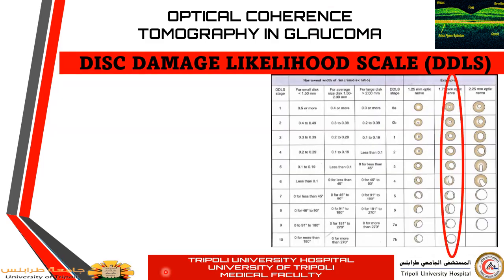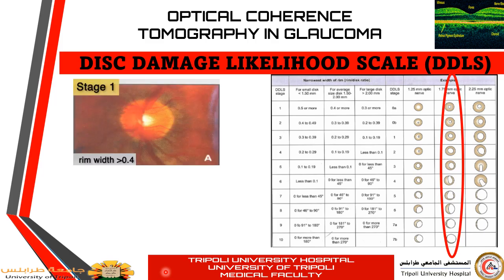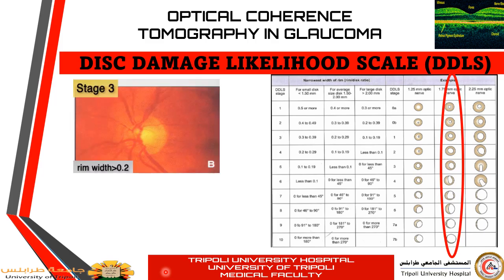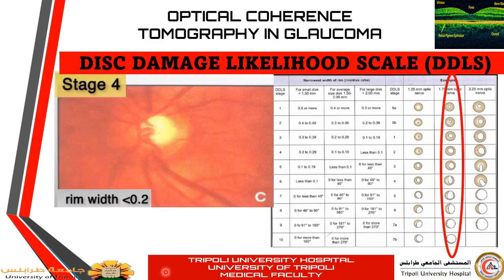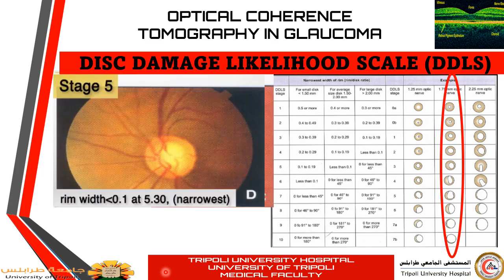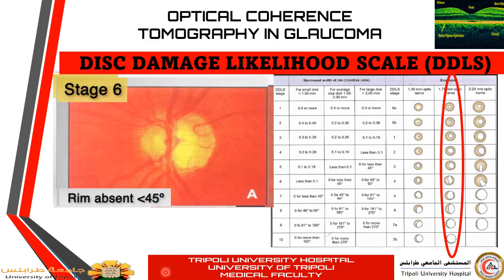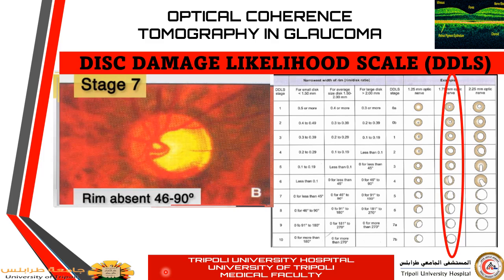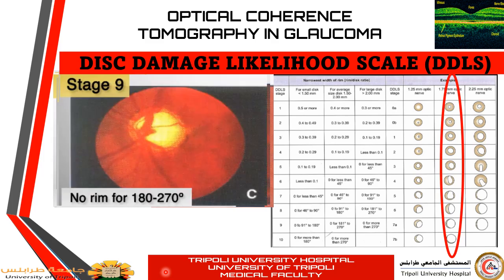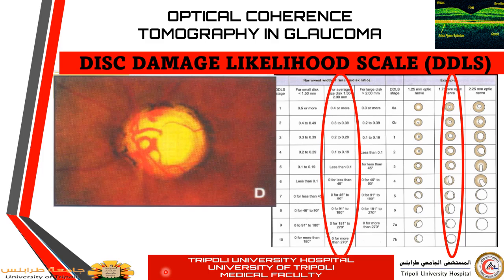This grading or staging system is made up of 10 scales from 1 to 10, and it takes into consideration the optic disc size. The first thing, it divides the patients into 3 categories: normal optic disc size between 1.8 to 2 millimeters, those with a large disc size of more than 2 millimeters, and those with a small disc size of less than 1.25 millimeters.